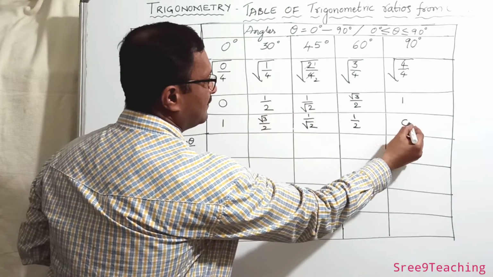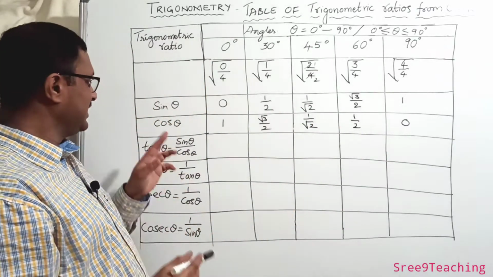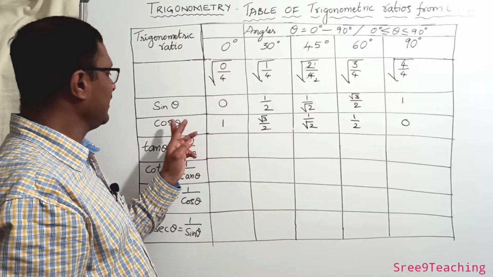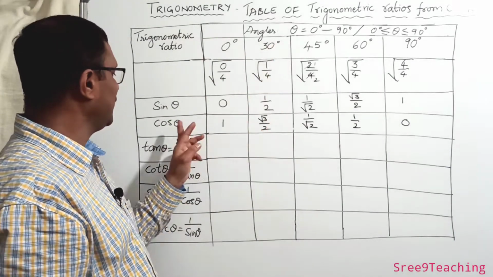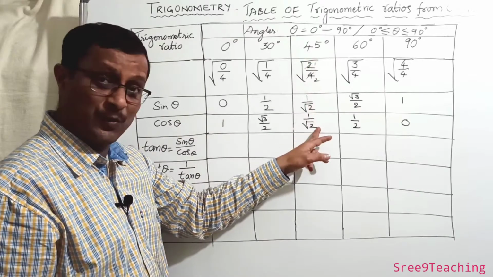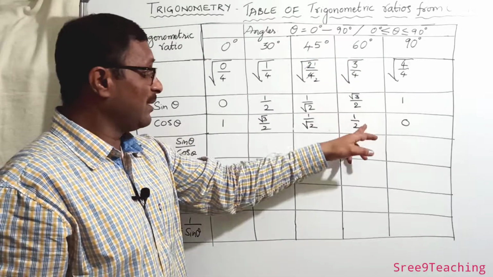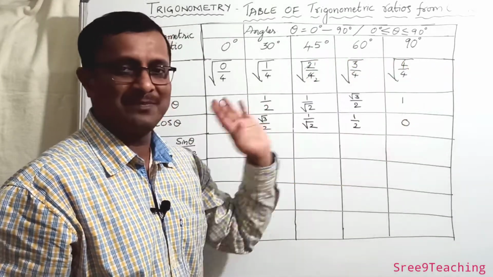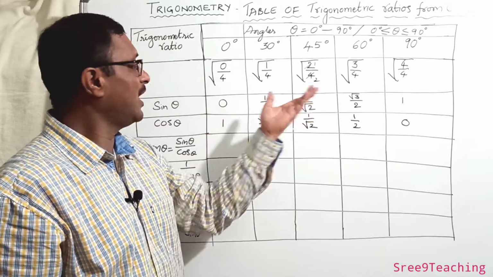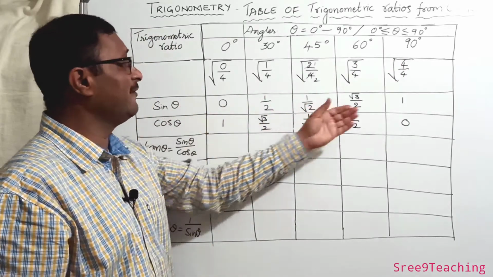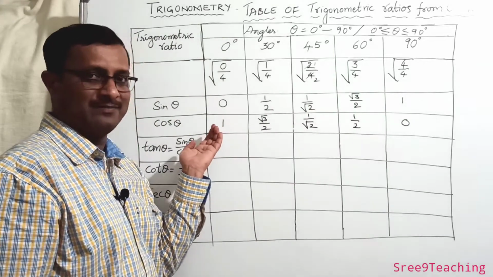Got it? It means that cos 0 is 1, cos 30 degrees is root 3 by 2, cos 45 degrees is 1 by root 2, cos 60 degrees is 1 by 2, and cos 90 degrees is 0. Got it? Easy, no? How we wrote cos theta after getting sin theta values? We wrote in a reverse way.